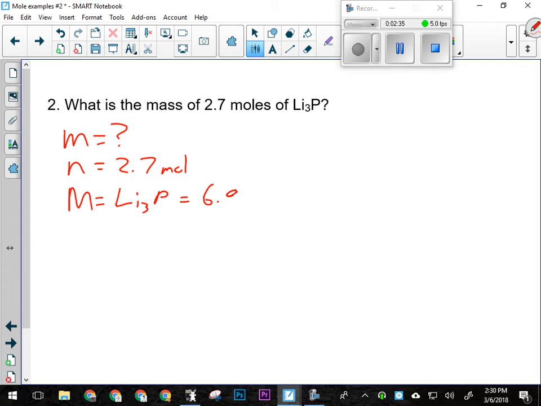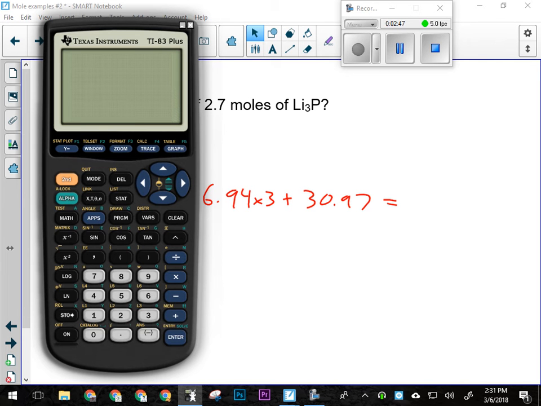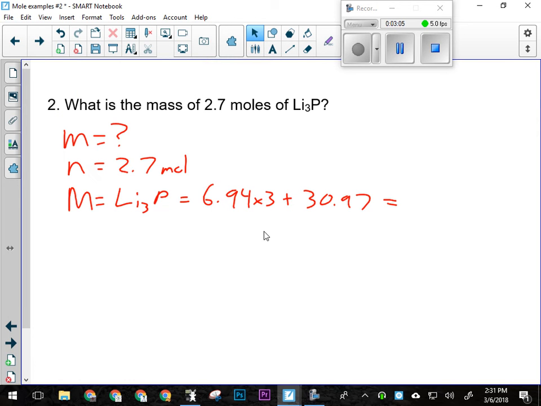So that's going to be 6.94 times 3 plus 30.97 for the phosphorus. So we have a molar mass of 51.79 grams per mole. Now we know what big M is.